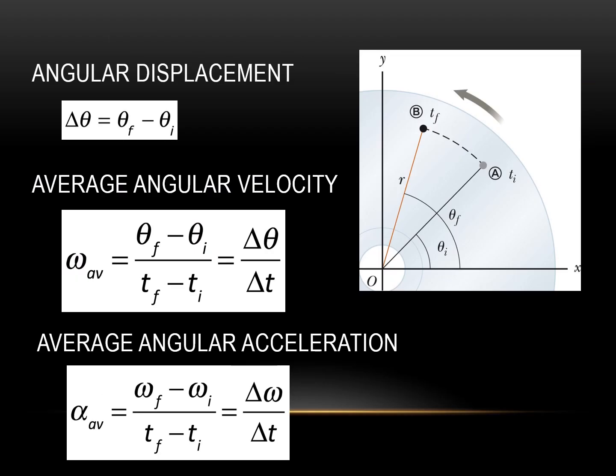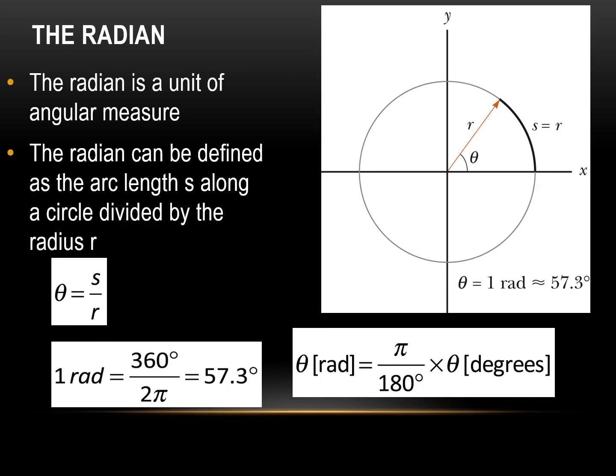Here are the details of the formula to find the angular displacement, average angular velocity, and also the average angular acceleration. The radian is a unit of angular measure. The radian can be defined as the arc length S along a circle divided by the radius r.